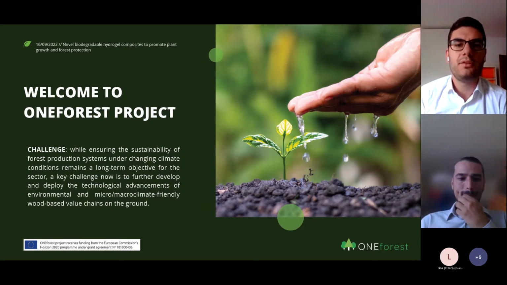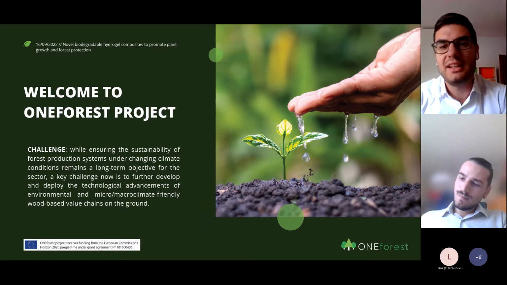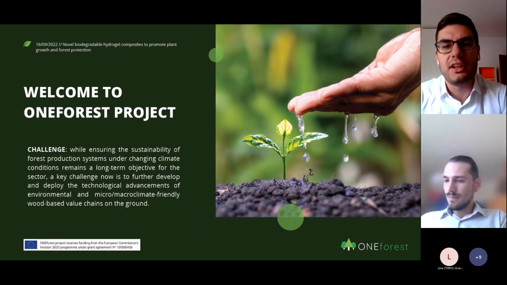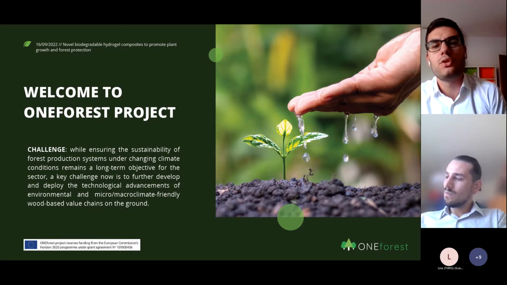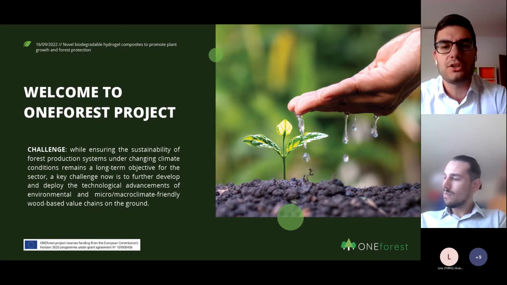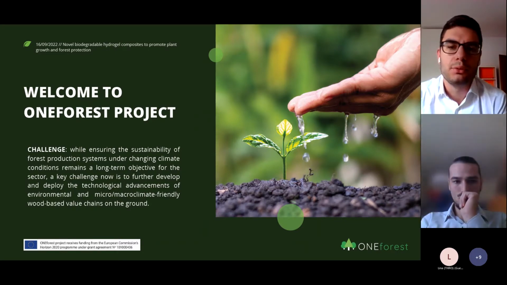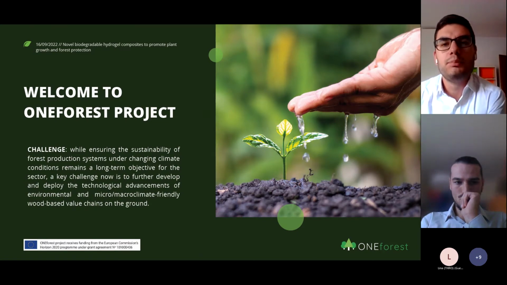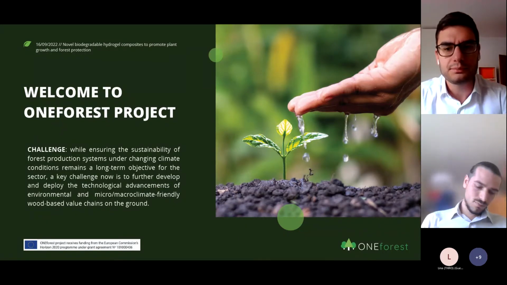Also because before this, I thought that usually, at least in Italy or in the engineering field, the research is very theoretical and close to the lab. And usually it's difficult to find a real application of your research. But this time I saw the possibility to achieve something also for a very important purpose, which is the forest protection.